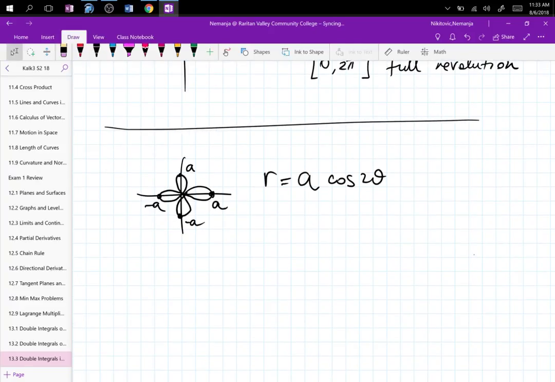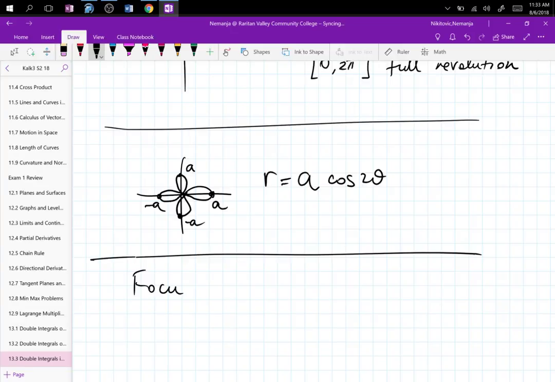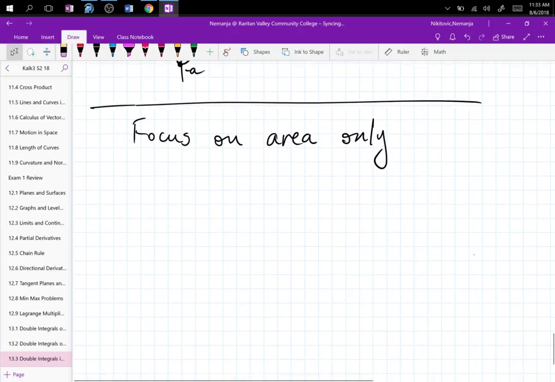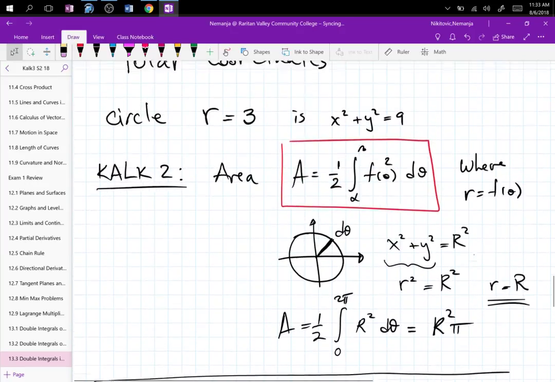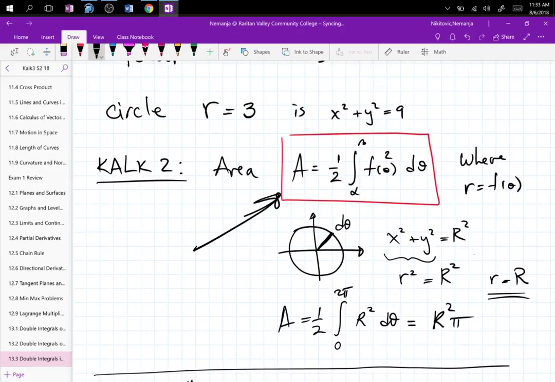Today, focus on area only. And that's the area of the domain. I already gave you the Calculus 2 integral to deal with the area of the polar region.